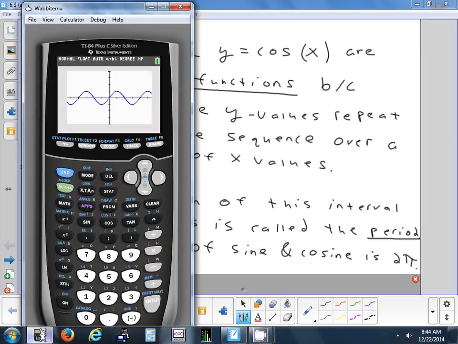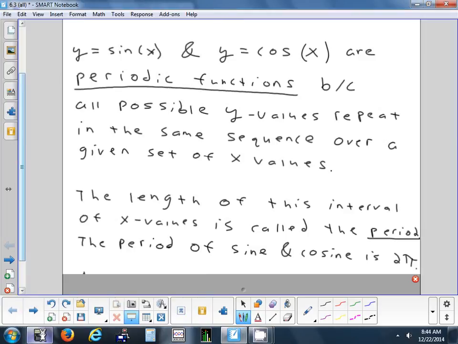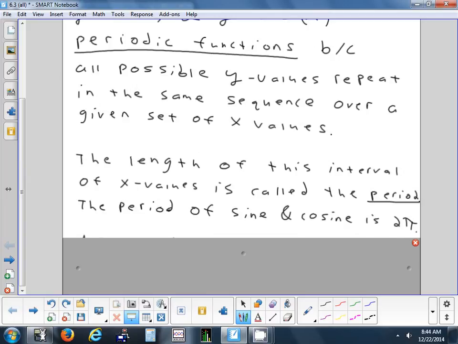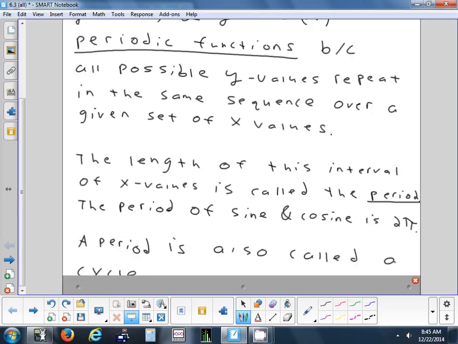It's also called a cycle. That term is used a little bit more in other fields. We don't use it as much. Has anybody ever heard of that measurement, hertz? Yeah, hertz. Say you have alternating current, not the kind of current in your car, that's direct current, but like the current in your house.